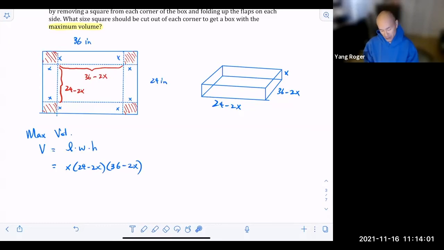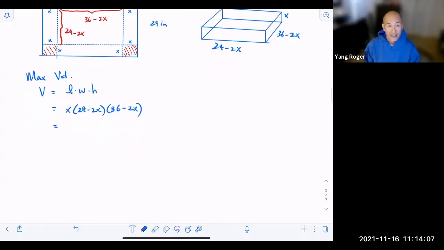All right, so we want to multiply all this out because it's far easier to take derivatives of a polynomial than a product of factors. So this is going to be 24x minus 2x squared times 36 minus 2x. And then I need to distribute. So 24 times 36 is 864x minus 48x squared.